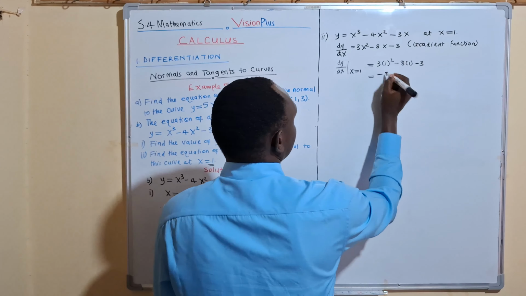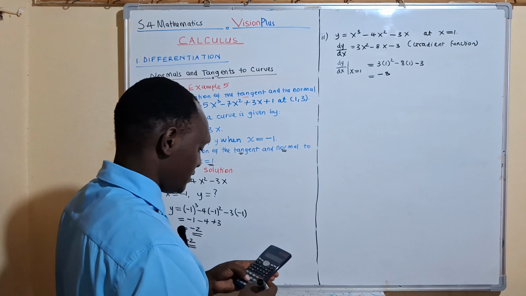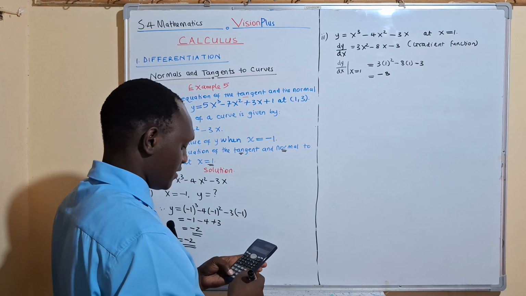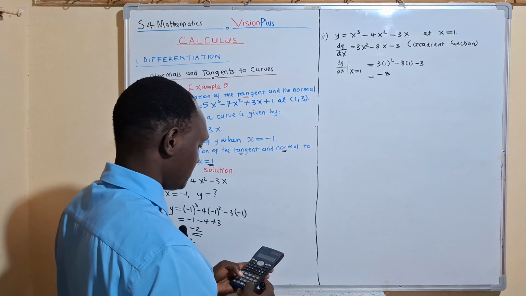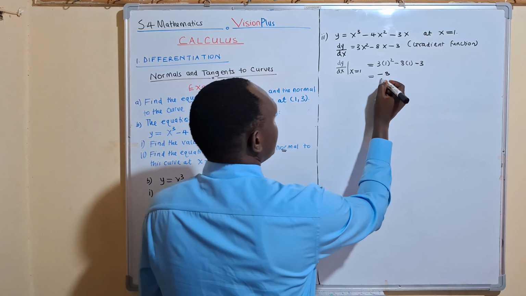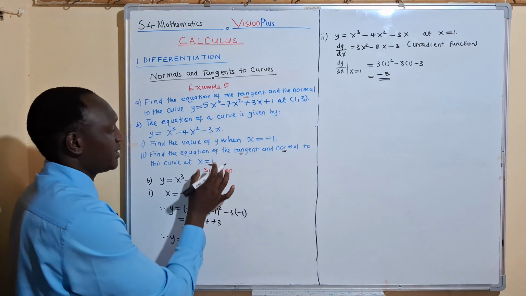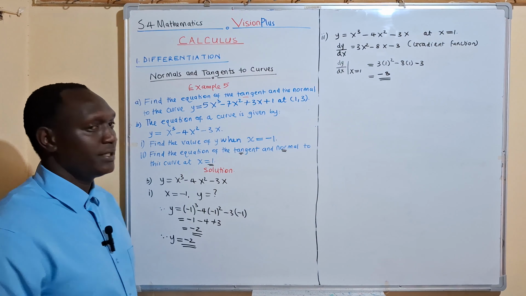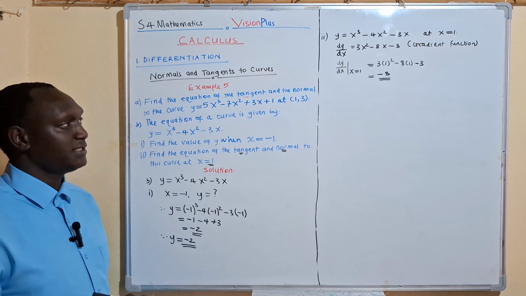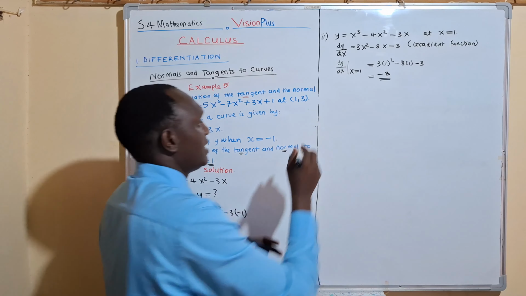Negative 8. Let me prove: 3 times 1 squared is 3. 3 minus 8 minus 3, negative 8. So this is the gradient of the curve at the point when x is 1. At the same time, this is the gradient of the tangent.